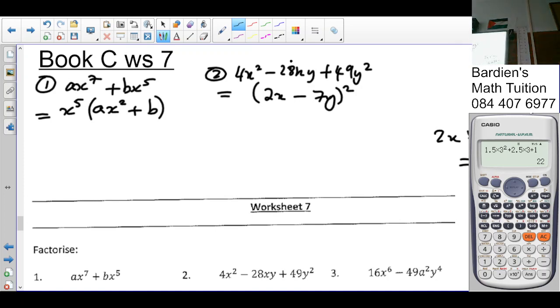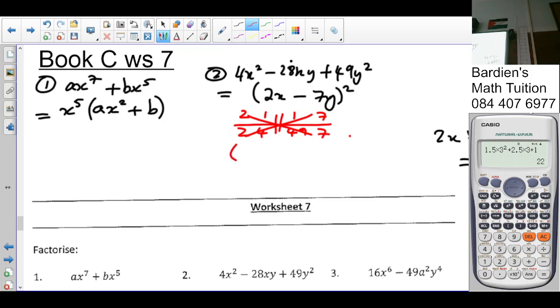Right. But I could have used my product line there as well, for those of you that can't see it. The product line goes what? 1 and 4, 2 and 2. Well, 49 is 1 and 49, 7 and 7. 2 times 7 is 14, 2 times 7 is 14. I'm adding my products. 14 plus 14 is 28. Can you see that?